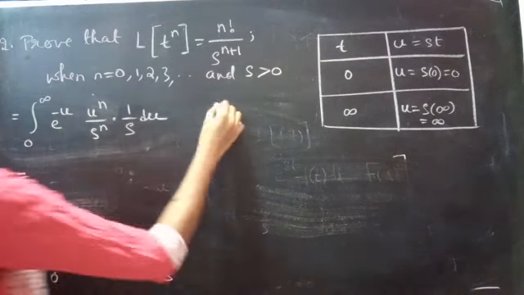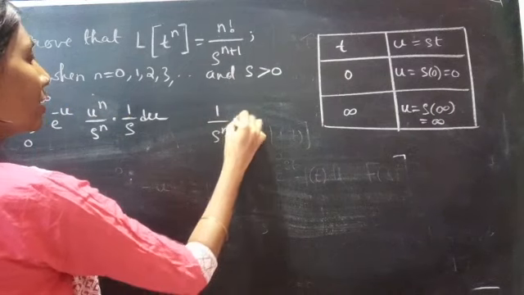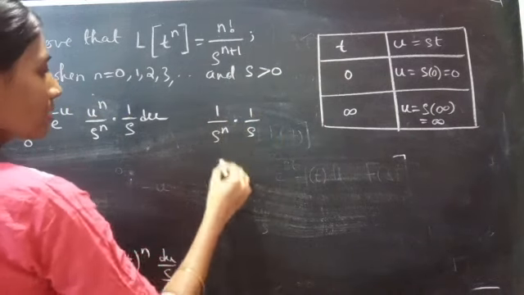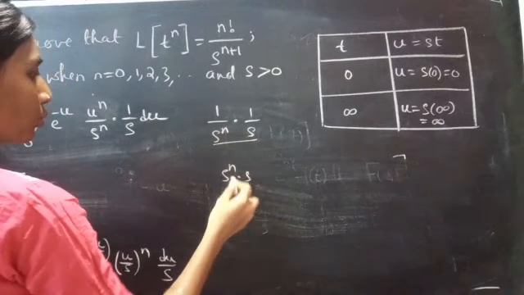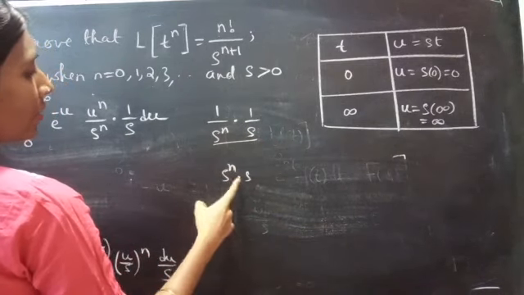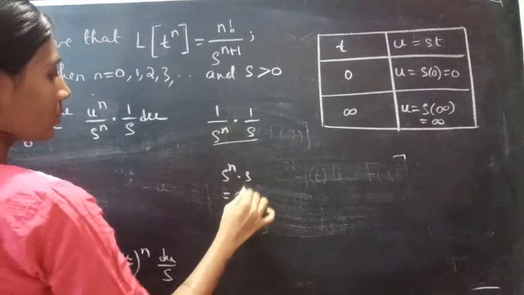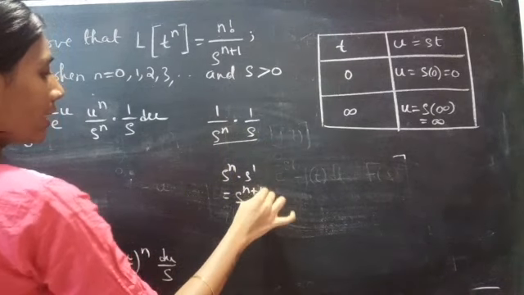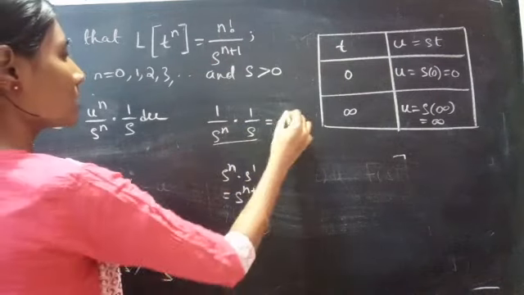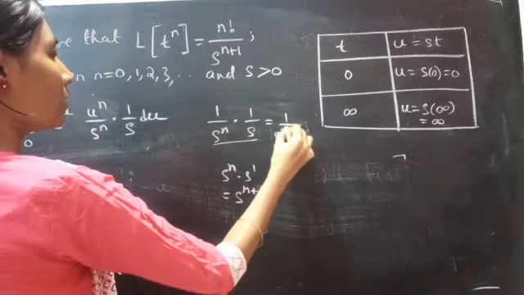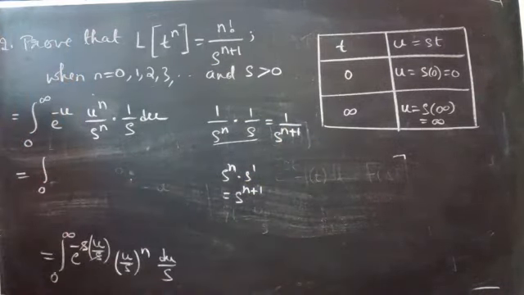So you can write 1 by s power n into 1 by s as, consider these two, s power n into s can be written as s power n plus 1. So you can write it as 1 by s power n plus 1.